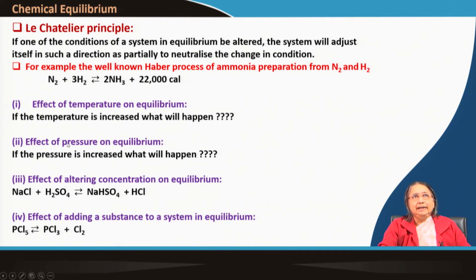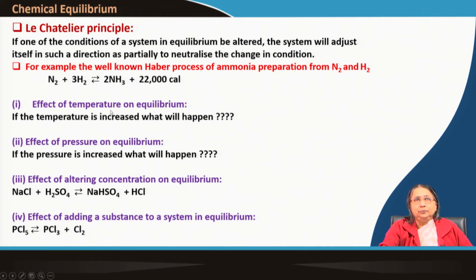Now, if we increase the pressure, what will happen? Okay. If we look into the number of moles, we know that at a constant volume, the number of moles is related to pressure. So, you can see that on this side there are 2 moles and on this side there are 4 moles.